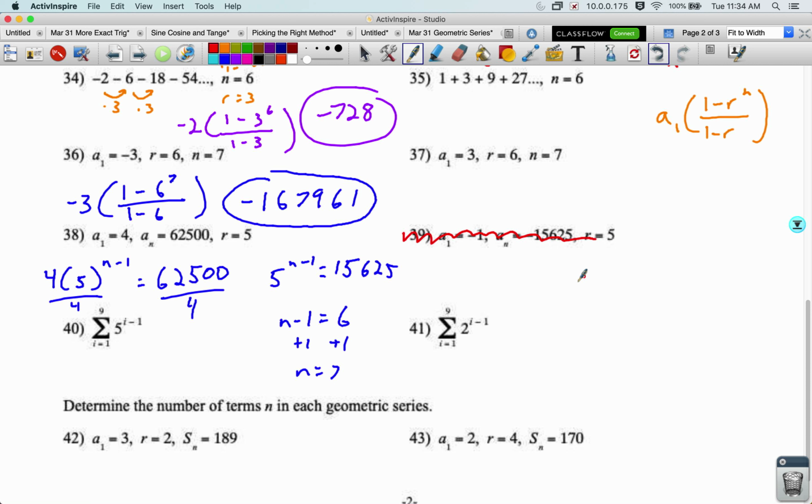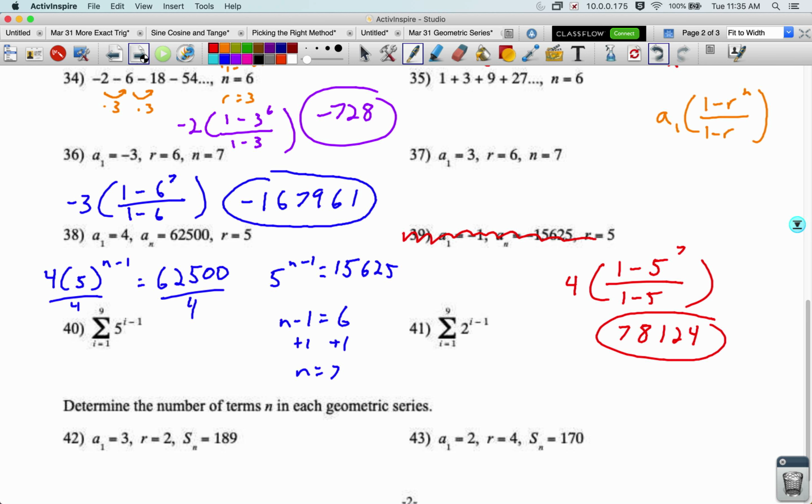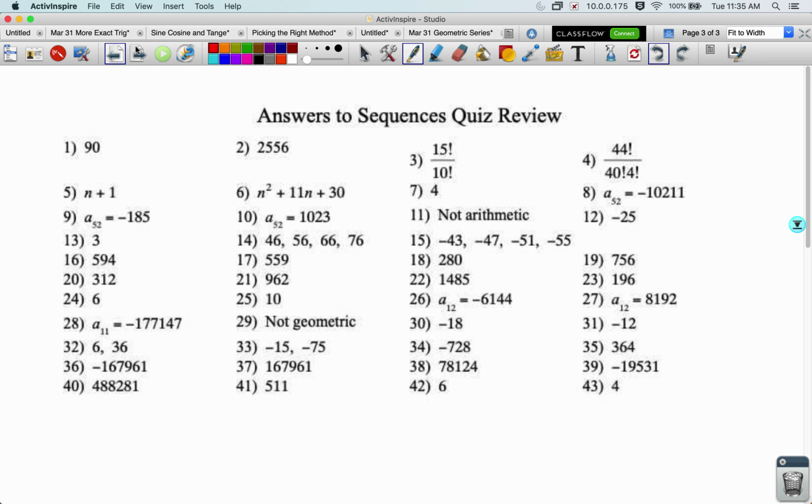We need our first term, 4, times 1 minus our common ratio, 5 to the power of n, 7, over 1 minus 5. 5 to the 7th, press enter, divided by -4, times 4, and I got 78,124 for 38. Yep.